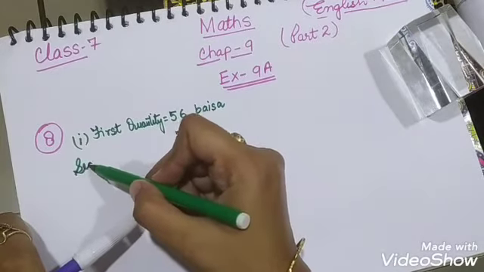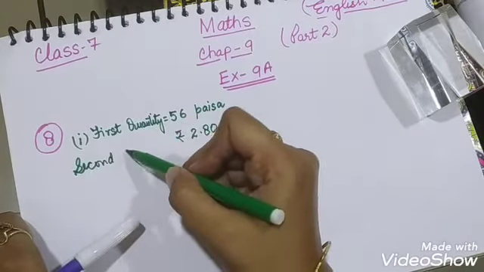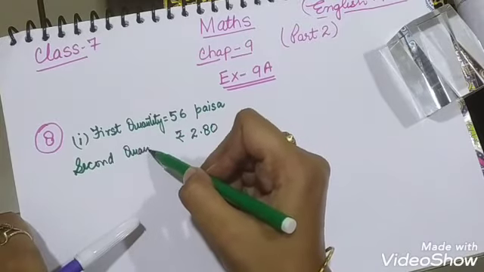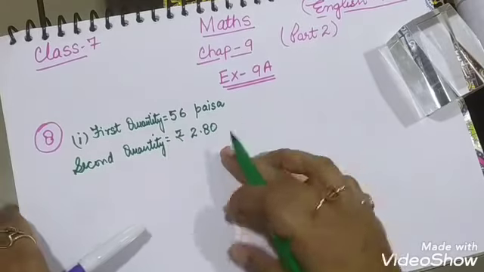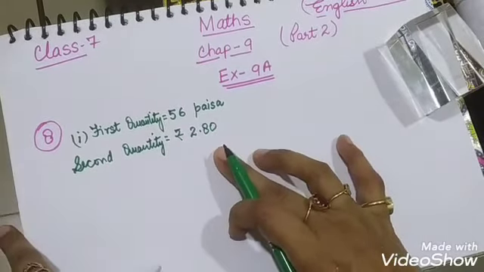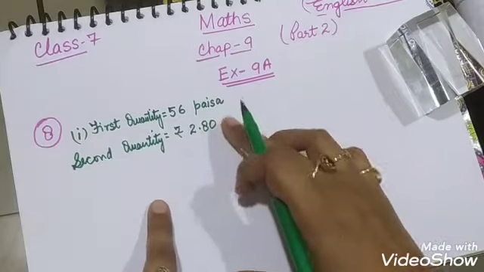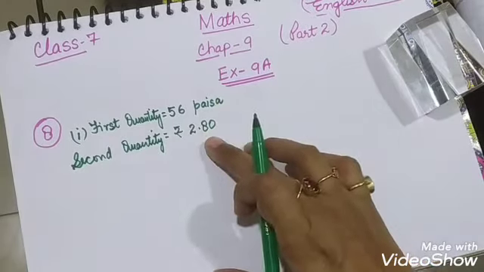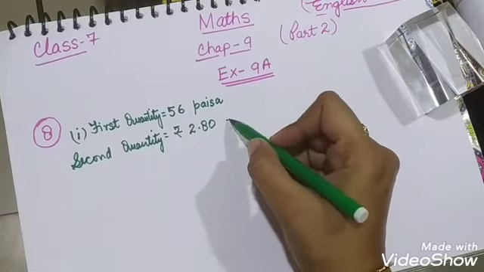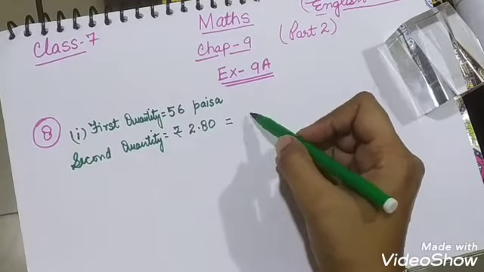The second quantity is rupees 2.80. Now we will convert both quantities into the same unit. One is in paise and another is in rupees, so we will convert the rupees also into paise.